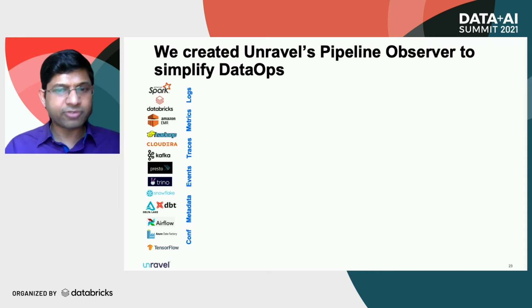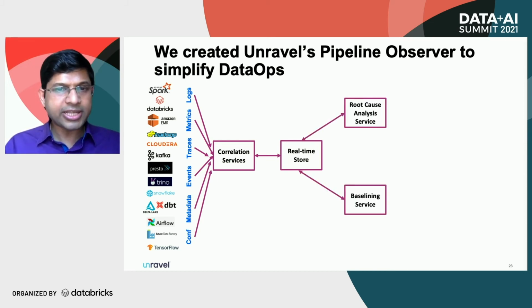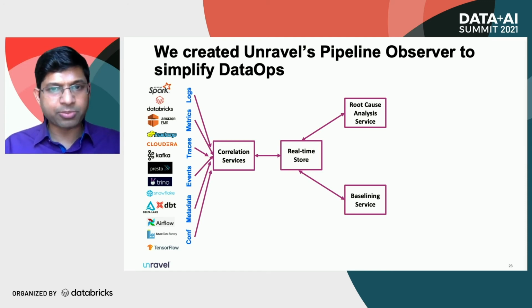So all of this information constantly streams into the Unravel platform, where the pipeline observer is responsible for correlating the data and making it available in a real-time store. And from that store, there are these microservices, for example, a microservice for baselining or a microservice for detecting an anomaly in the run of the pipeline and then finding out what is the root cause of that.